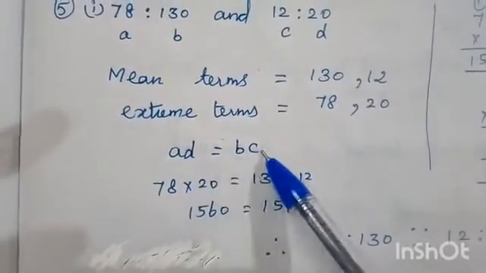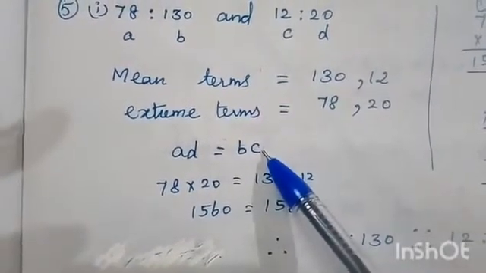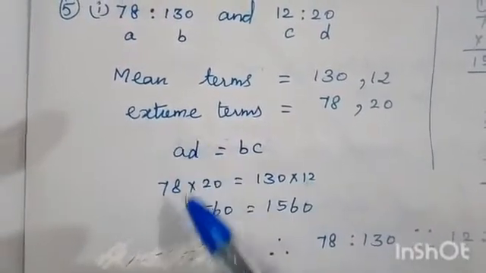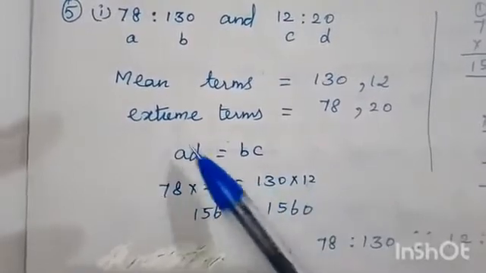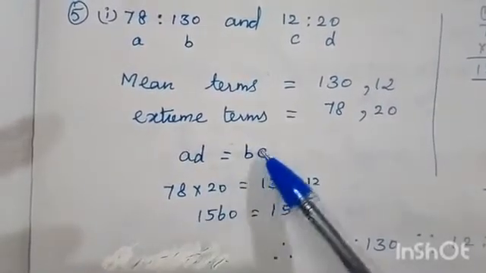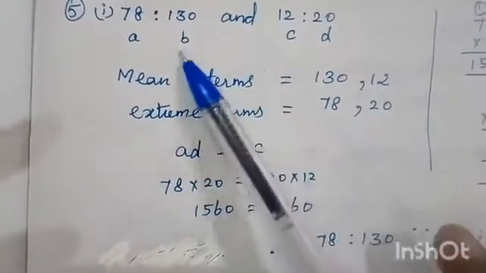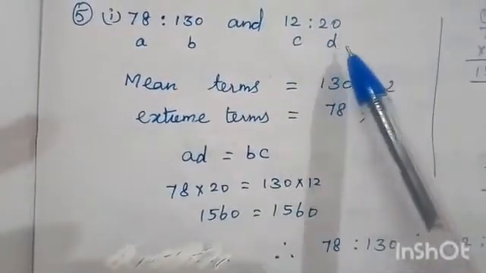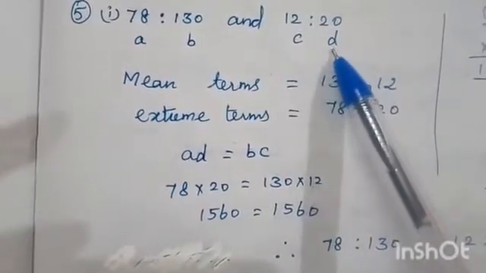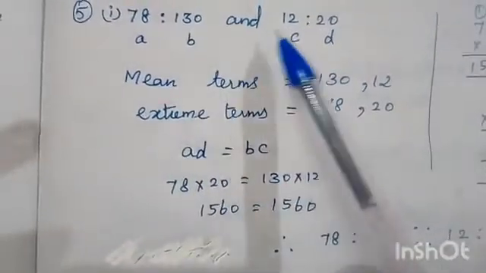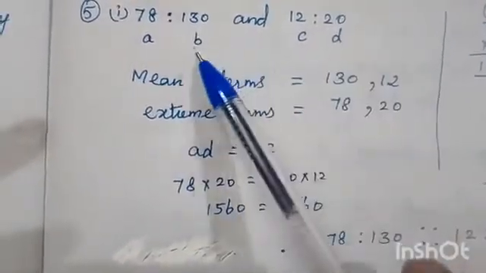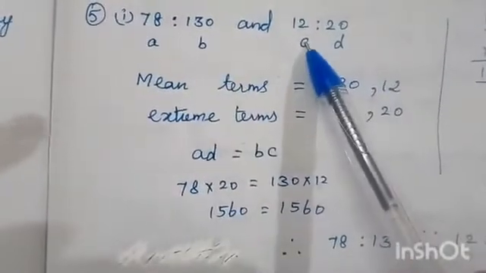We want to check whether they are in proportion. So write the proportionality formula: A into D equals B into C. A is 78, D is 20, B is 130, C is 12.